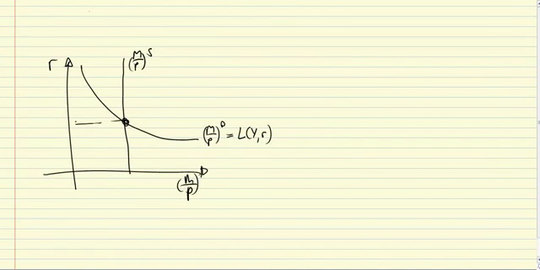That is what determines the intersection, where real money supply and real money demand are equal. We get our equilibrium interest rate. So that is interest rate determination.